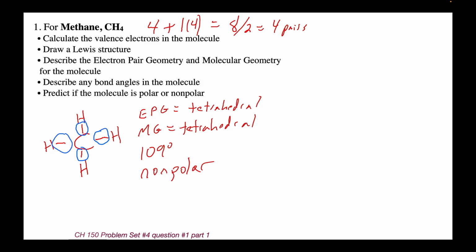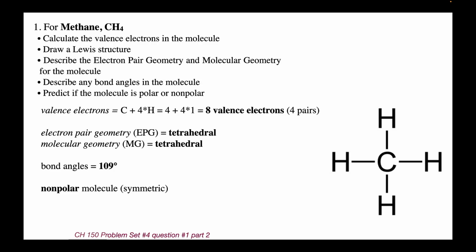So the answer's here. There's the Lewis structure. You don't have to draw the blue lines around it for the bonds like I did. 8 valence electrons, tetrahedral for both EPG and MG, bond angles 109, and nonpolar. Now, I promised you better pictures because I can't draw. So there is the Lewis structure for CH4, much more prominent. You can see the central atom carbon has just hydrogens around it.